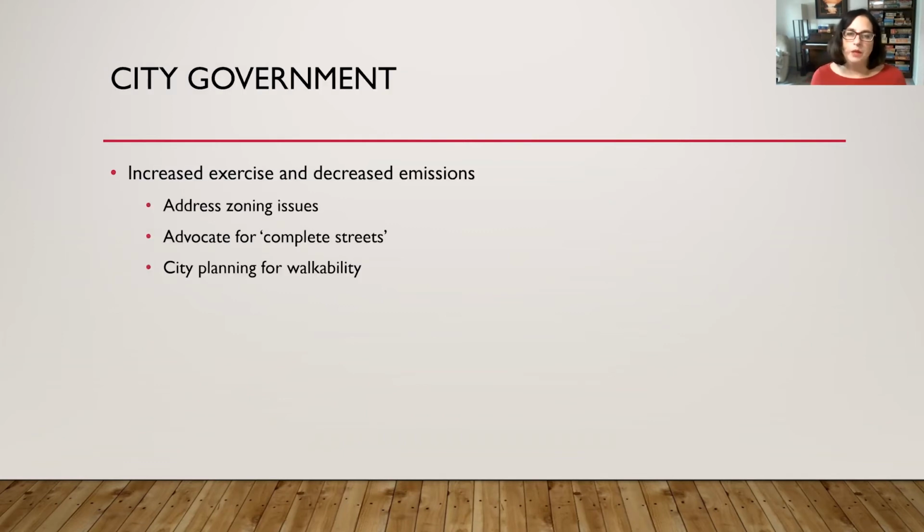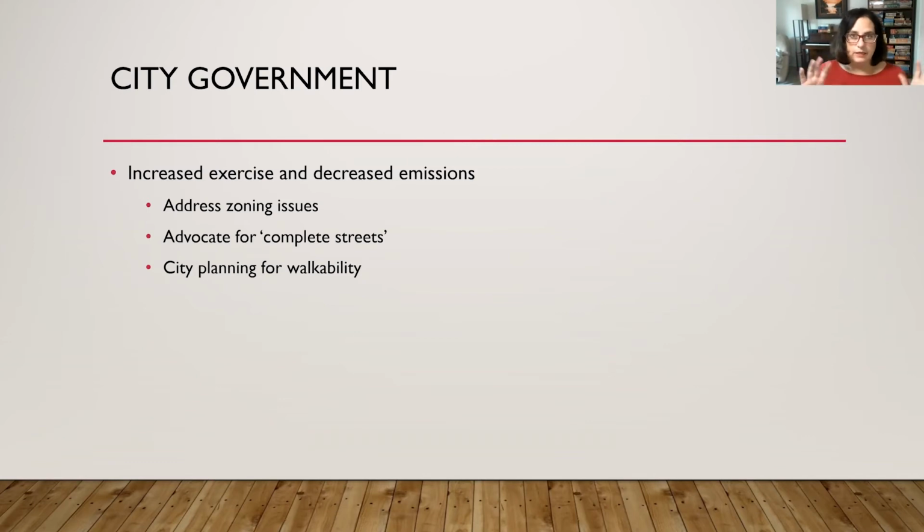So for example, city government, I mentioned traffic patterns. From a public health perspective, if you were looking at a community that you thought would benefit from increased mobility or even decreased emissions, right? Things like walkability and city planning really matters. When you're looking at zoning, where you can have commercial buildings.